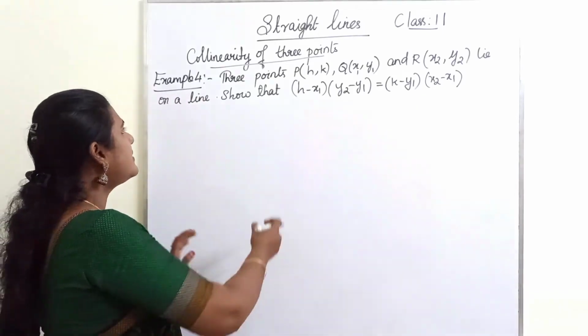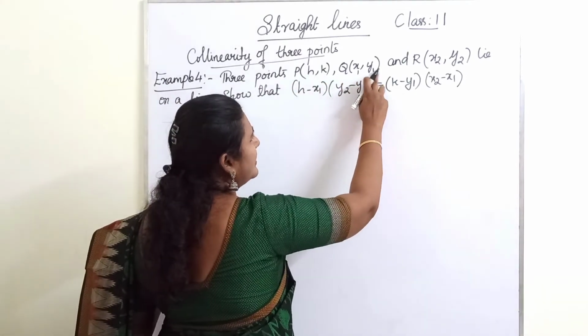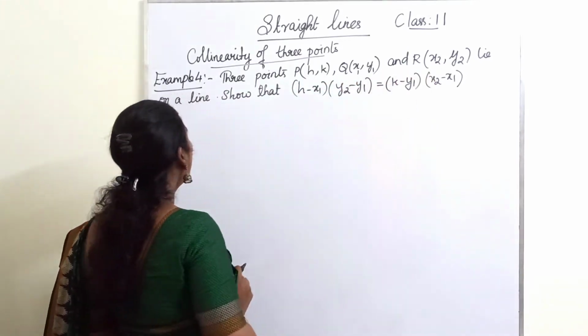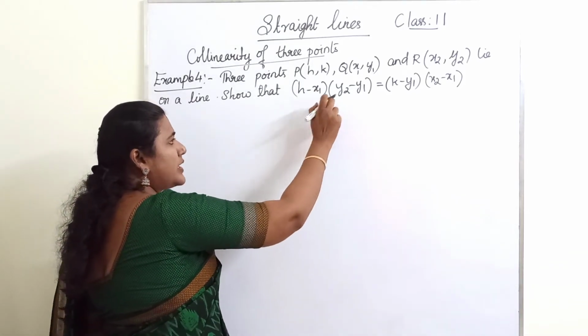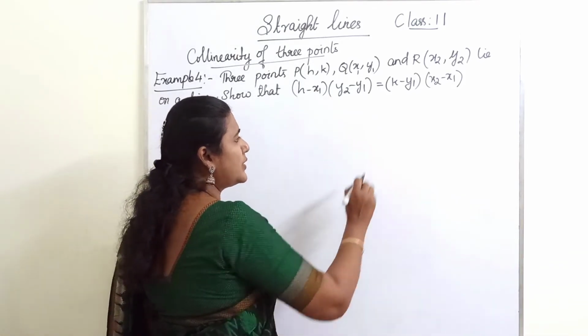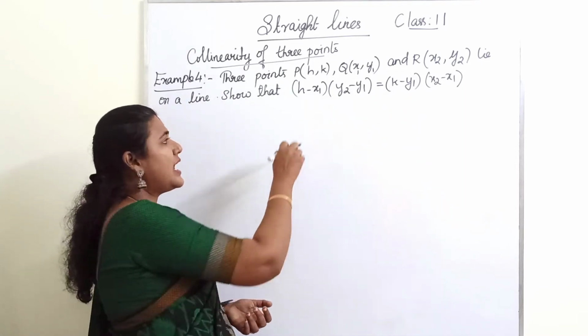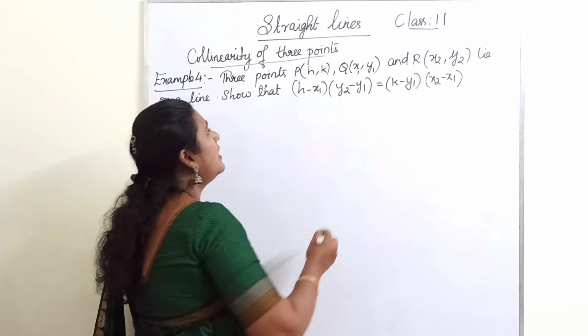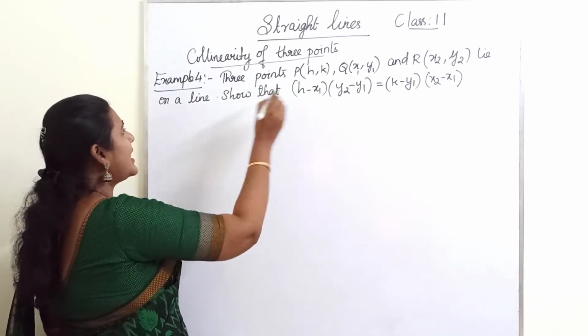Example 4. 3 points P(h, k), Q(x1, y1) and R(x2, y2) lie on a line. Then show that (h minus x1)(y2 minus y1) is equal to (k minus y1)(x2 minus x1). So we have to prove this condition. It is given that the points P, Q, R are collinear, lie on a line.